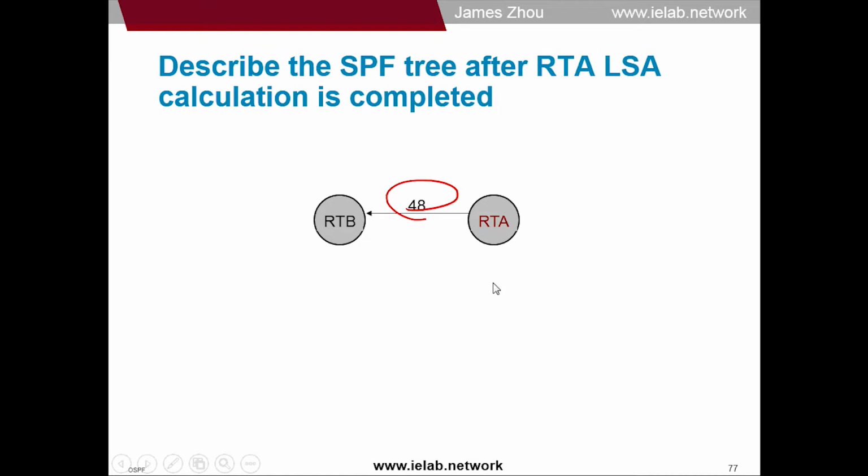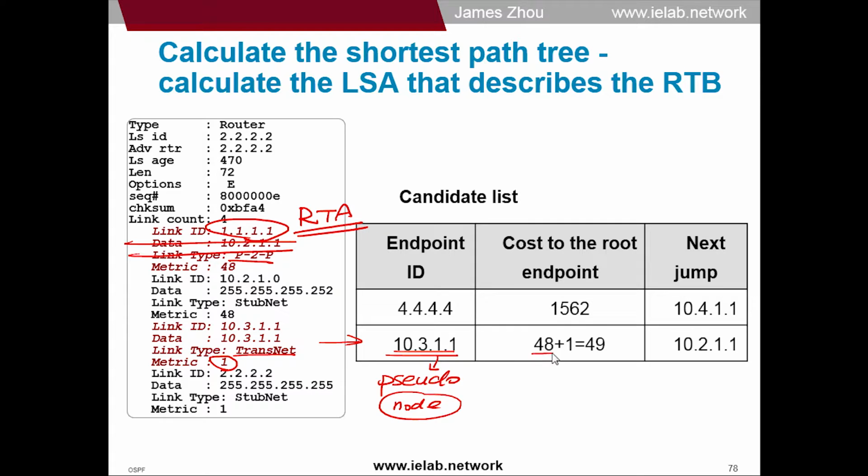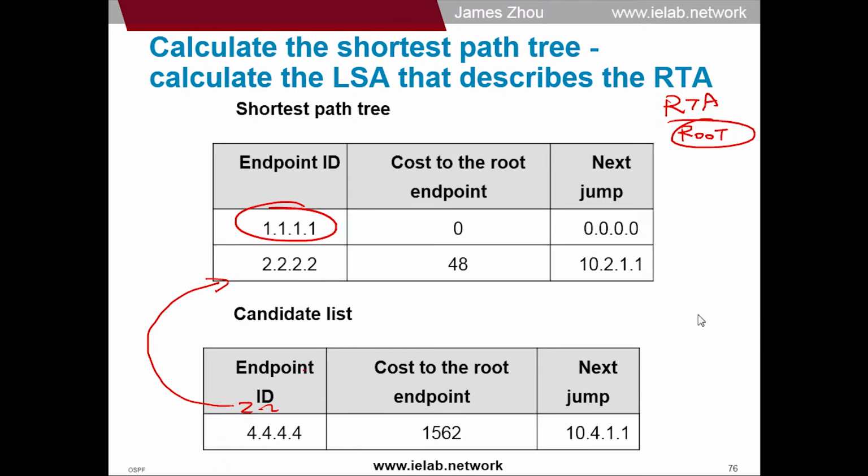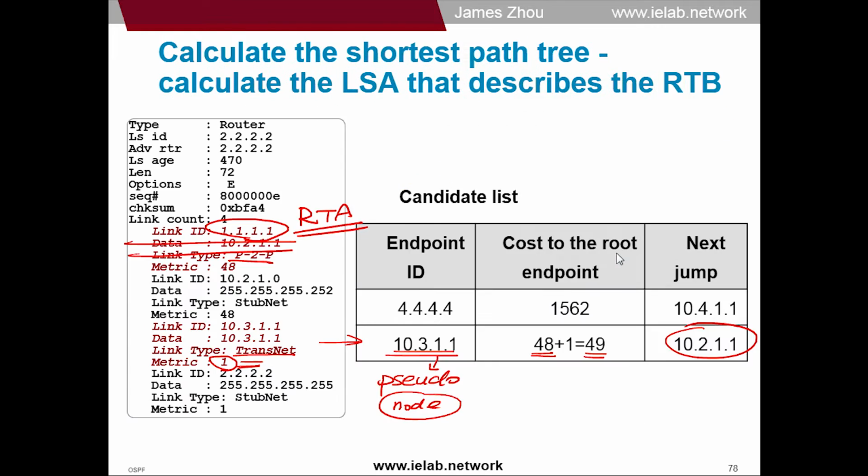Because it is RTB's neighbor, RTA to RTB is 48, so here it will be 48 plus 1 equals 49. The next hop will follow RTB's next hop to here, right?